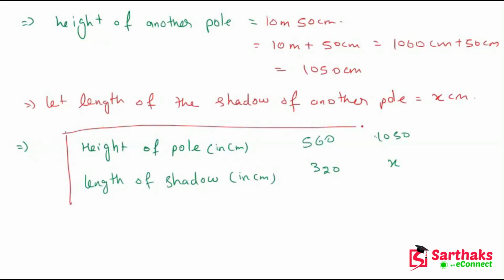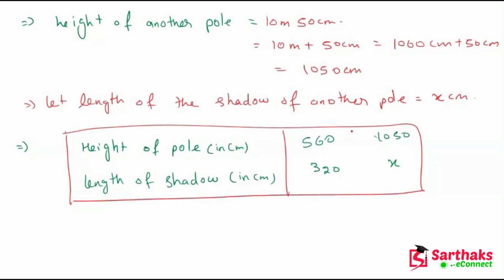So our table looks like this. Now if the height of the pole increases, then the length of the shadow also increases. Then we can say that they are in direct proportion.